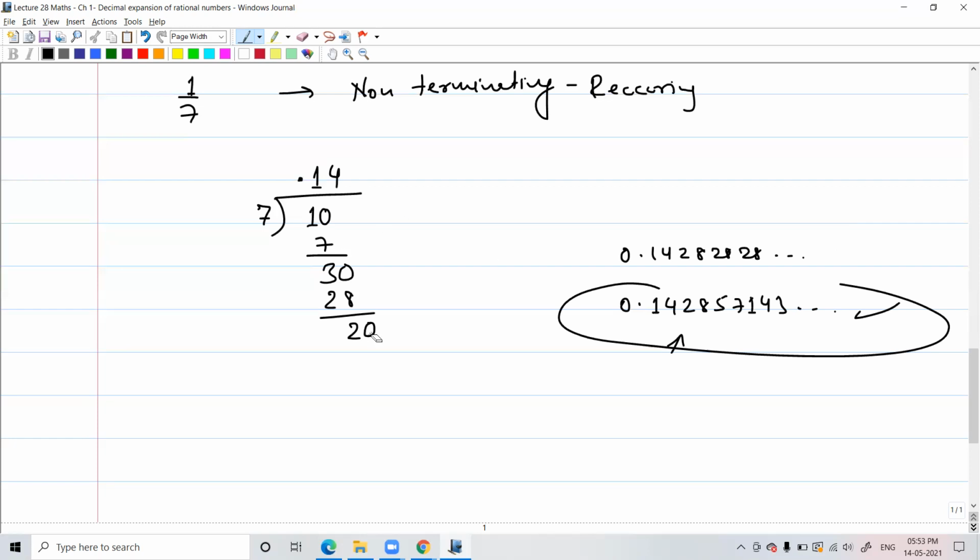So we were up to 2, right? Now we are allowed to put one more 0 over here. So 2 will become 20. So 7 2s are 14. 6 is over here. 6 will become 60. So 7 8s are 56. So we get a 4. Then 7 5s are 35.